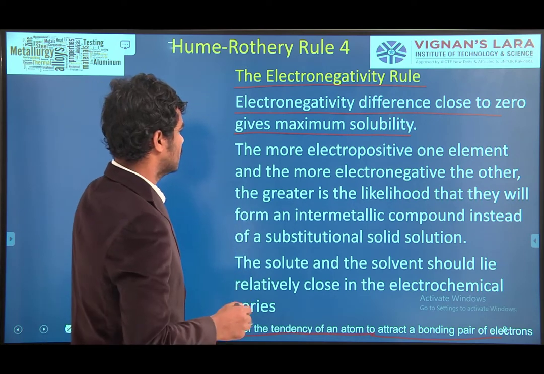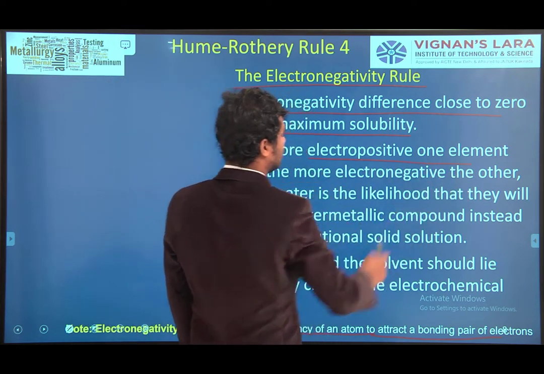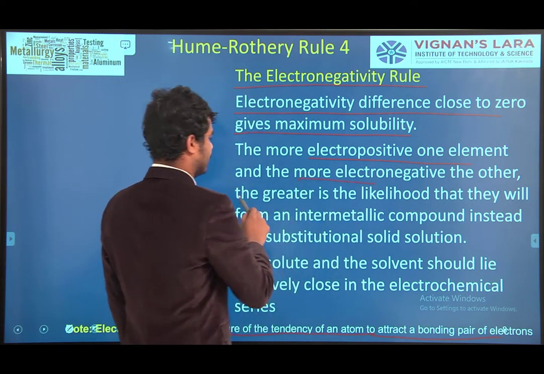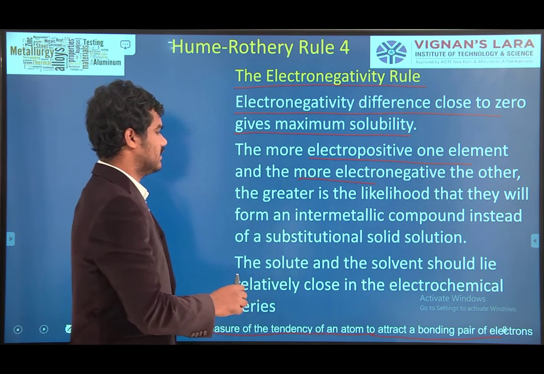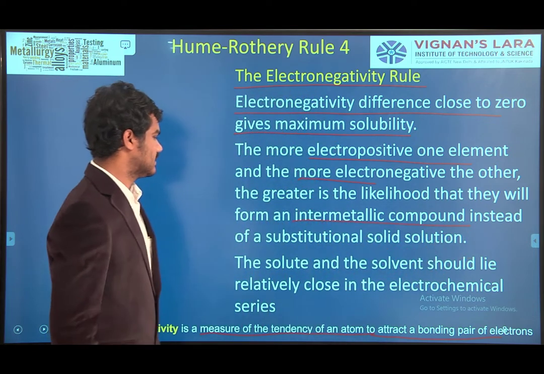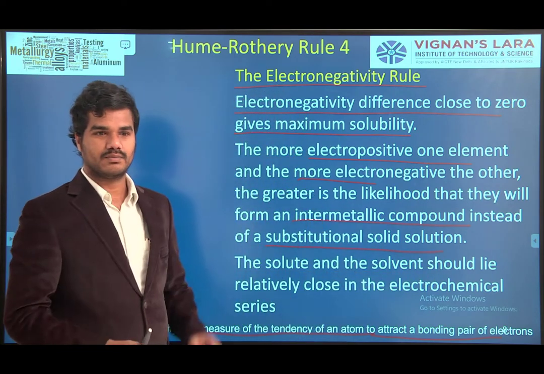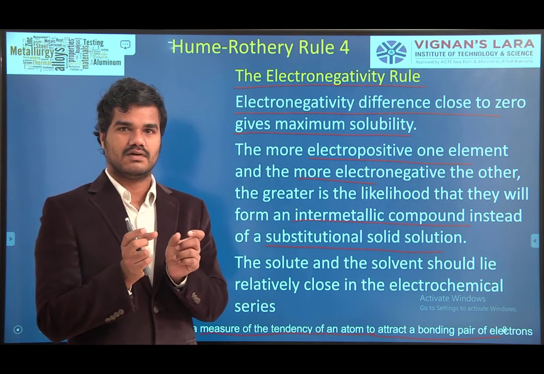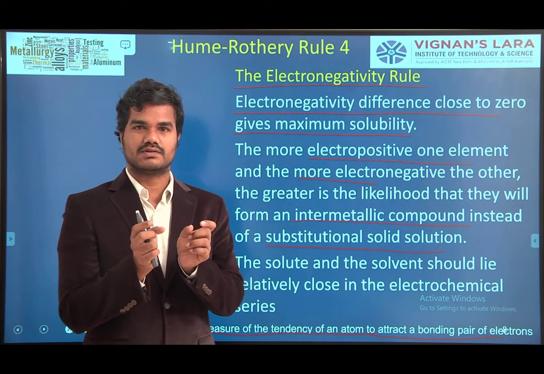The more electropositive one element, and the more electronegative the other, the greater is the likelihood that they will form an intermetallic compound instead of a substitution solid solution. So when A and B have an electronegativity difference of 0, it has good solubility.